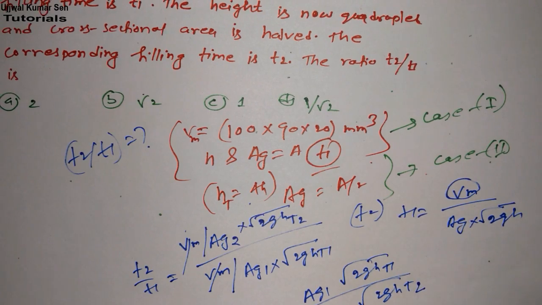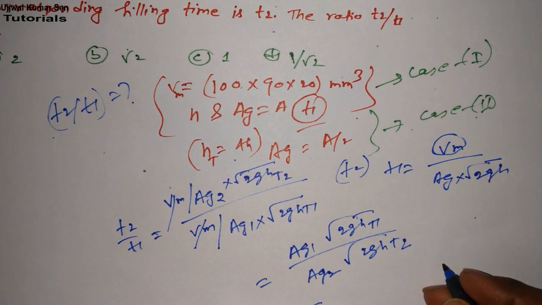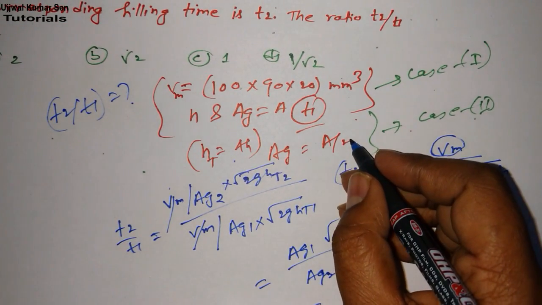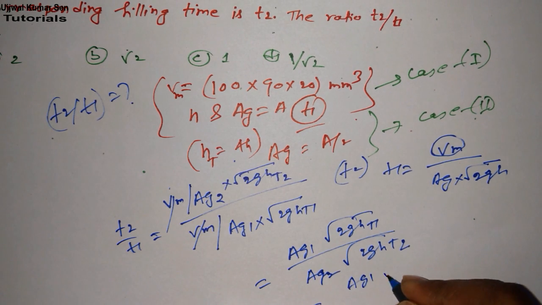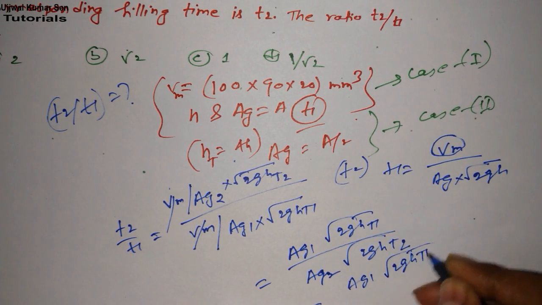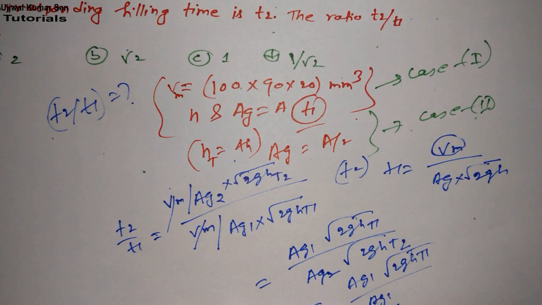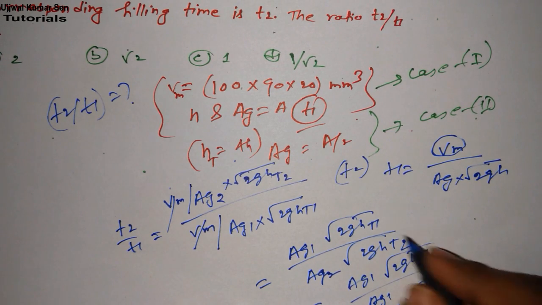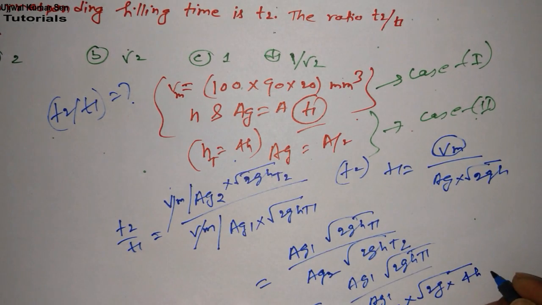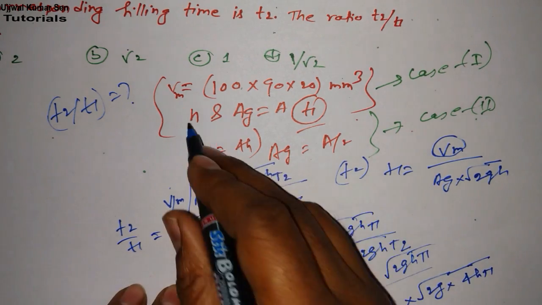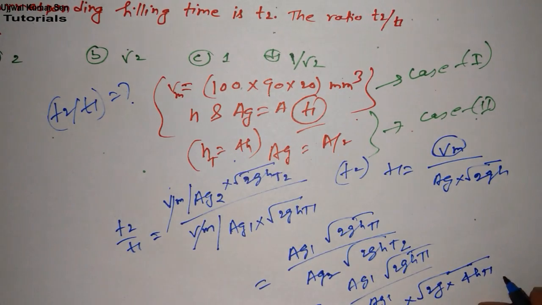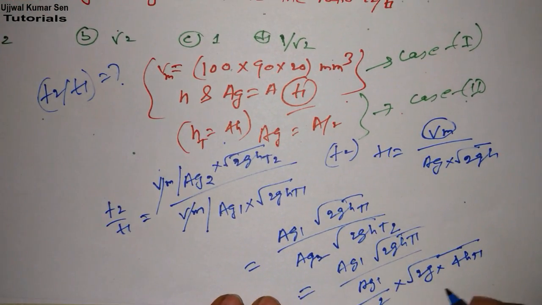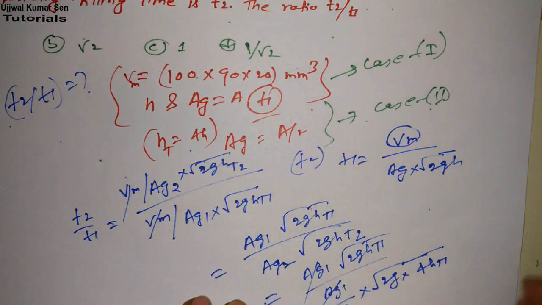Now what is A_G2 basically? Half of A_G1. So A_G1 root 2gH over A_G1 by 2 multiplied by root 2g, and what is H for case 2? It is 4H. So that cancels.